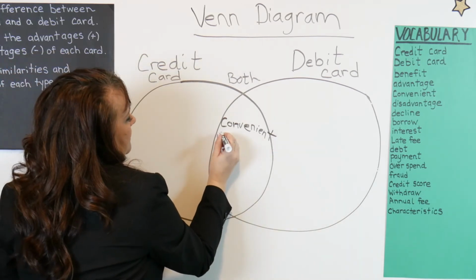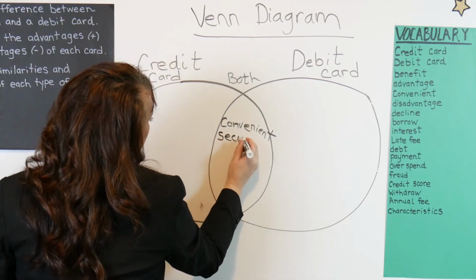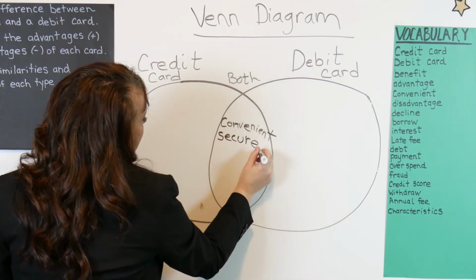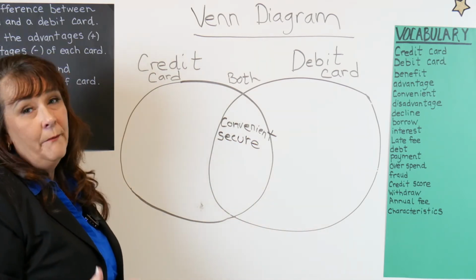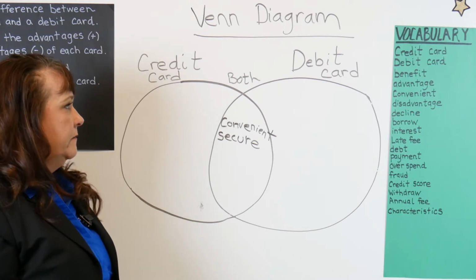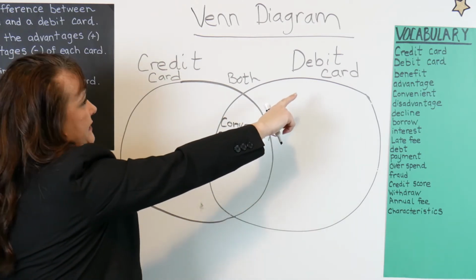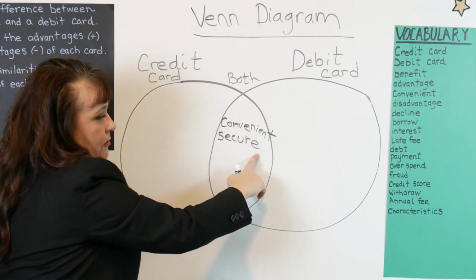Another thing that is the same between a credit card and a debit card is that they're both secure. If you have money in your wallet and you lose it, it's gone. But with a debit card and a credit card, it's secure.